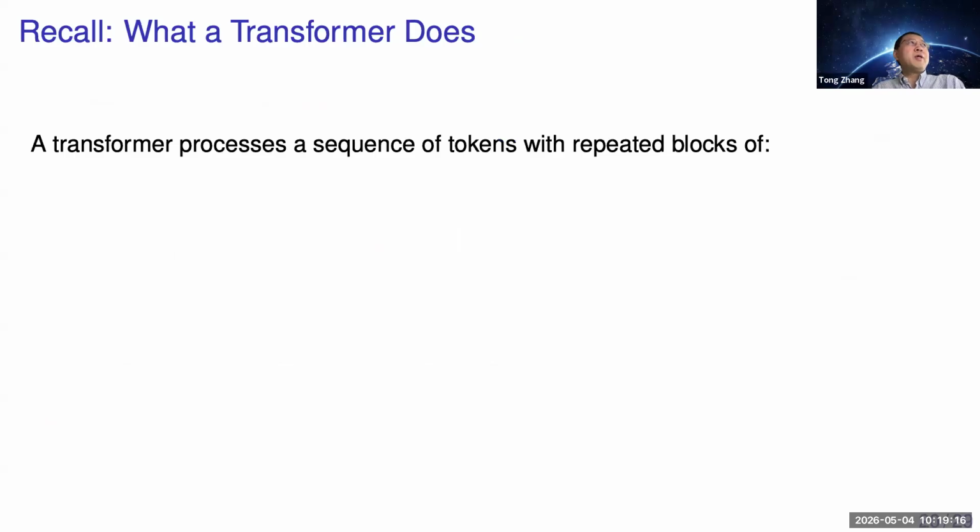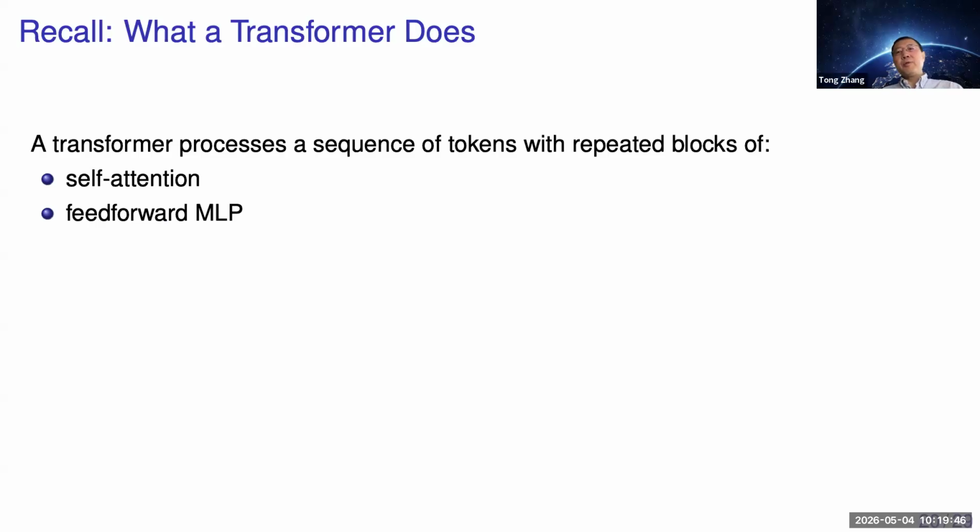Recall what we can do with a transformer. A transformer processes a sequence of tokens. This is for text. You could tokenize the image, and then this gives you ViT. You have self-attention, a feed-forward neural net, and some layer normalization. So these are the two key components of each transformer block.